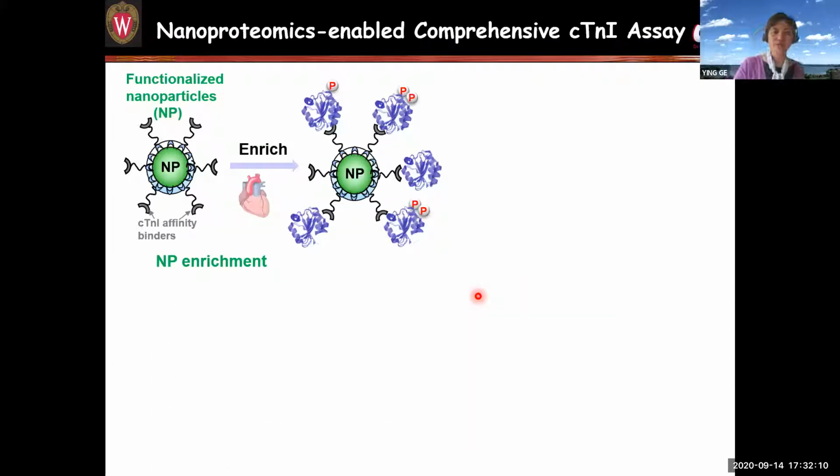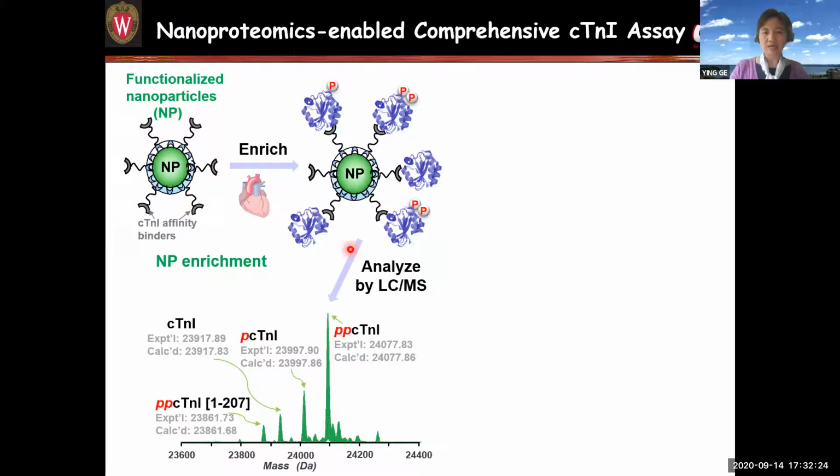So we try to use this nanoproteomics approach, again, engineering troponin I affinity binders and modifying the nanoparticle surface. So we can then enrich various proteoforms of troponin I, and as I said, detect them by QTOF mass spectrometer. We not only detect the naked, unphosphorylated form, but also phosphorylated, doubly phosphorylated, and degraded forms.